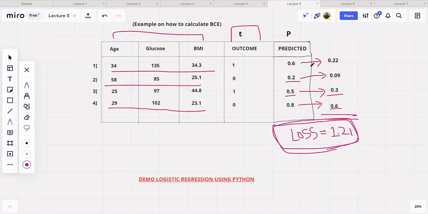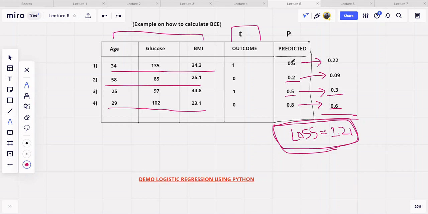So for the first sample, you can see that our predicted value is 0.6 and our true value is 1. And even for the second sample, our true value is 0, but our predicted value is 0.2, which is still close to the true value. Okay, so our predicted values are not that bad. That's why we got such low loss value.